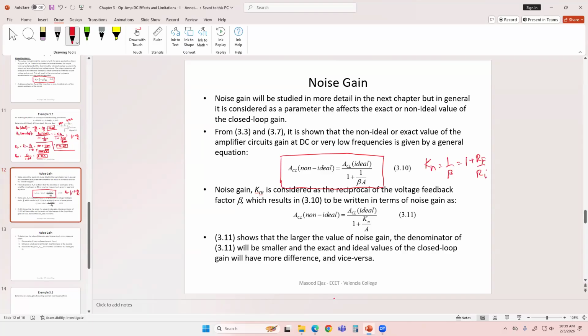So if we write this equation in terms of the noise gain, it is simply AC non-ideal equals AC ideal over 1 plus noise gain over the open loop gain of the operational amplifier.